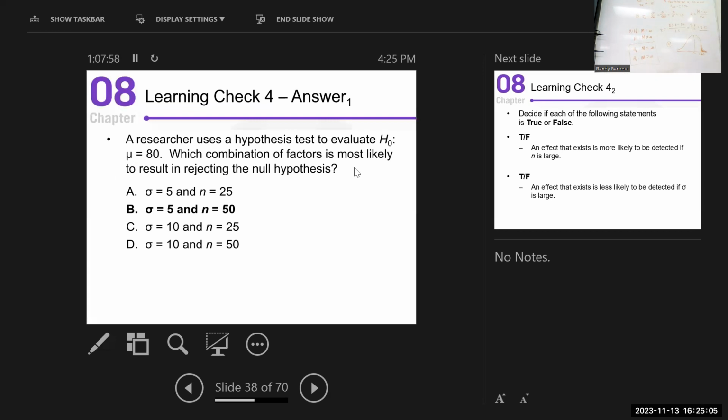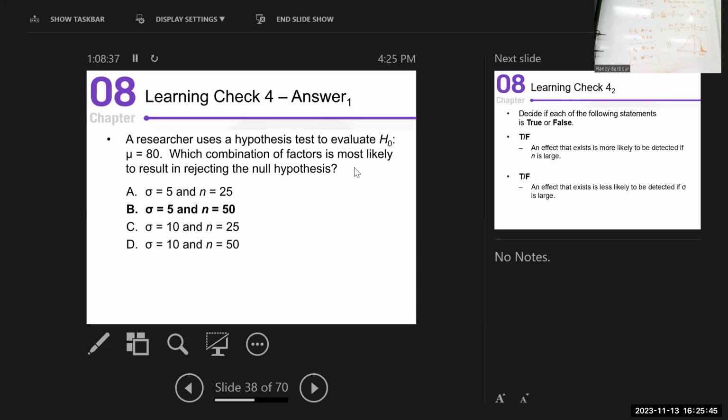And I can actually change the size of the z-score, right? When we did 5 and 25, versus 5 and 50, the z-score changes. If you increase your z-score, you increase the likelihood that you land in the region.